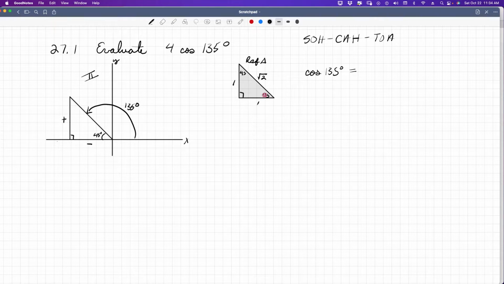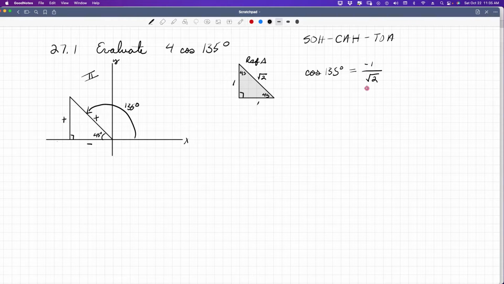So the adjacent is going to be 1. And in this case, that 1 is negative, right? We see it's a negative here. So it's going to be a negative 1 over here. And then the hypotenuse, which is what it's over, is the square root of 2. And remember, the hypotenuse is always positive, so it's going to be a positive square root of 2.